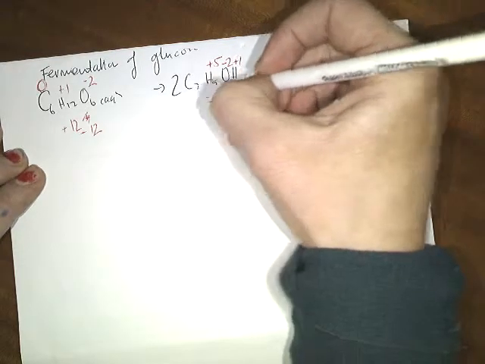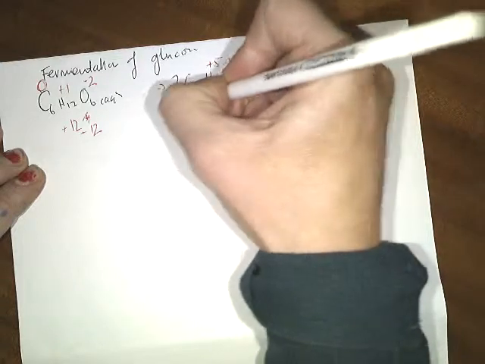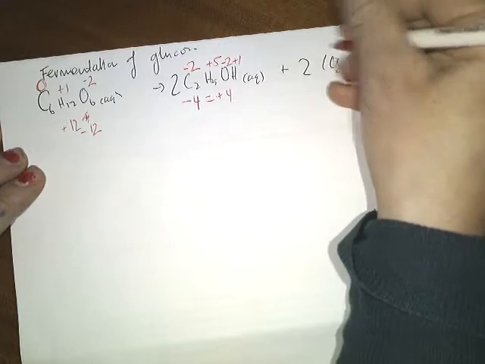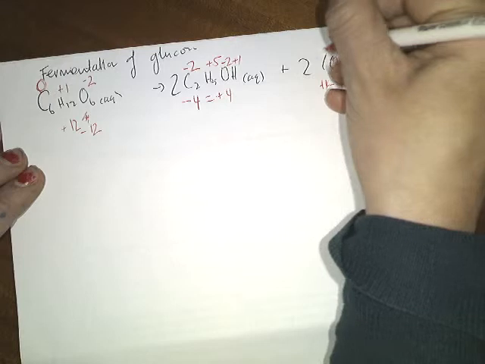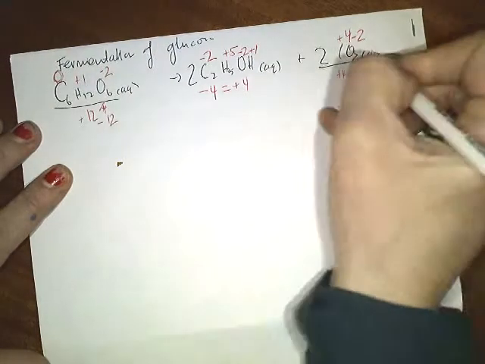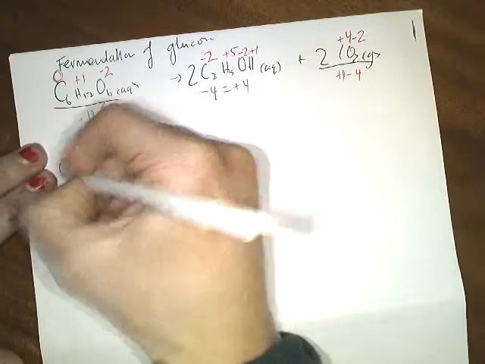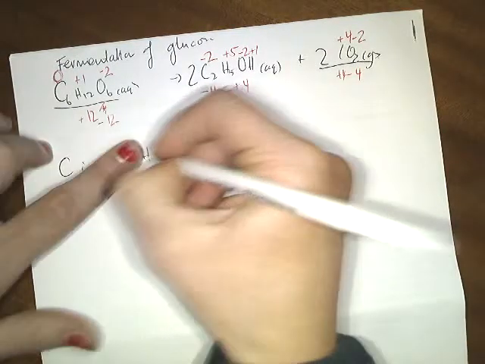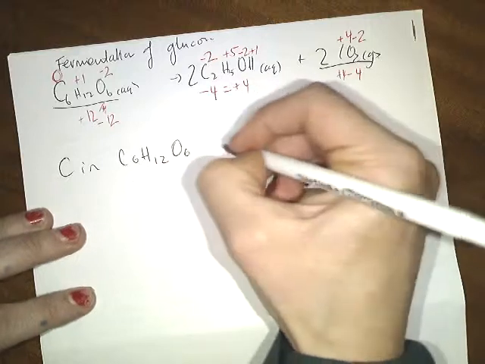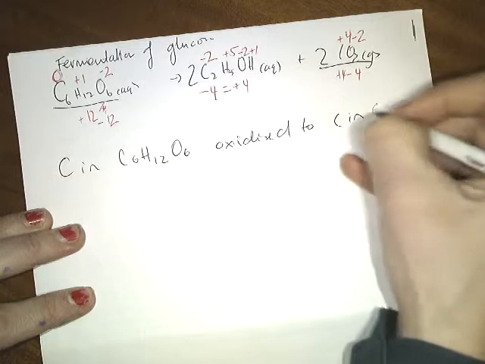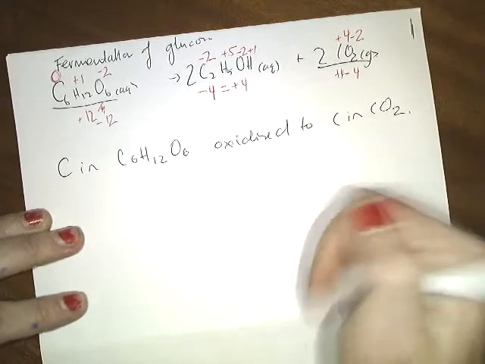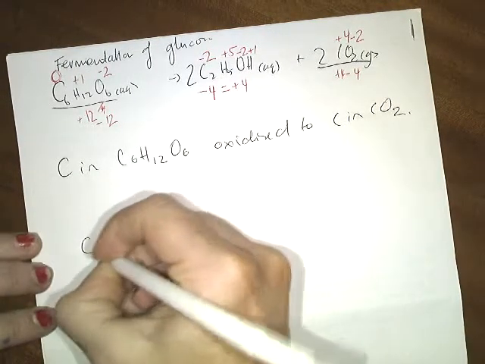That means this is a minus 4. There's 2 of them, so minus 2. And this would be minus 2, plus 4. Okay, so this is oxidation. So carbon in glucose oxidized to carbon in CO2. Okay, so let's write that out.